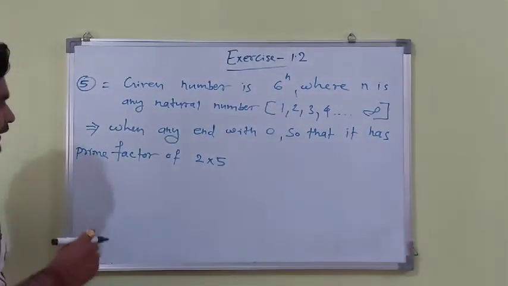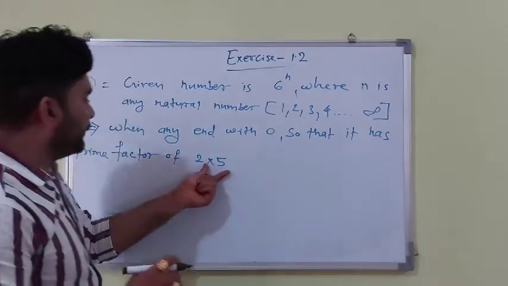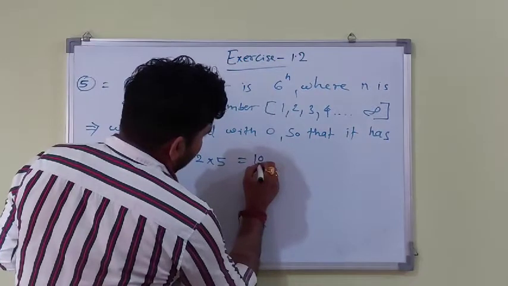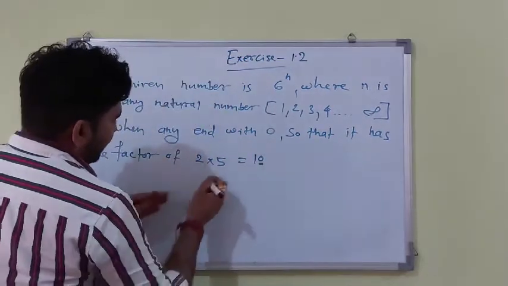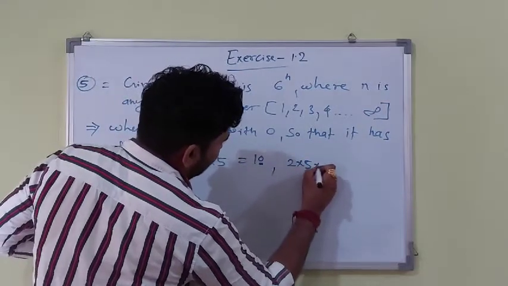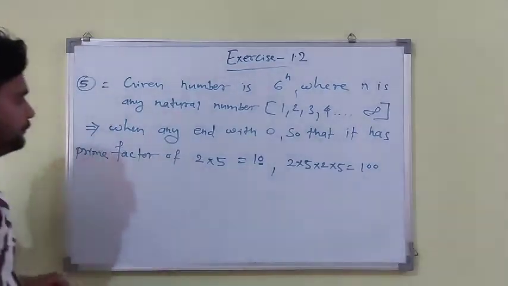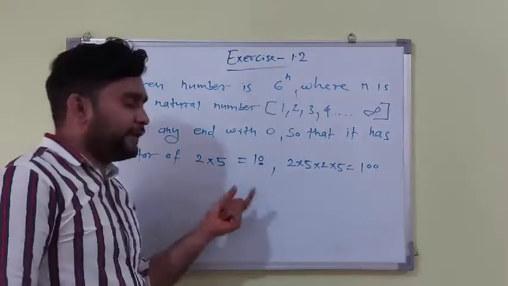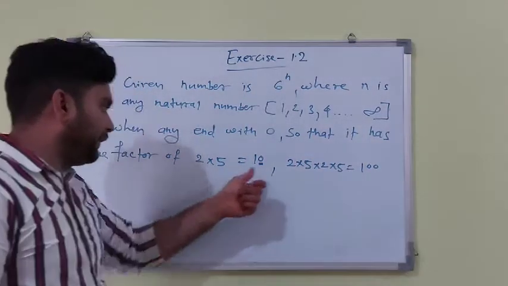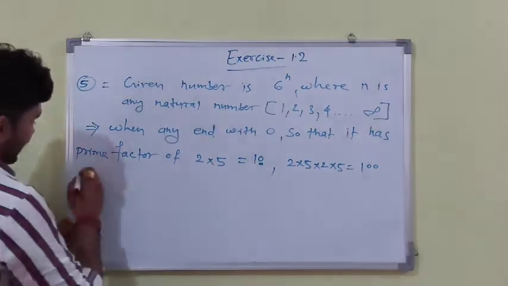When any number ends with 0, that means the number has 2 multiplied by 5, because it gives us 10, at least one 0. If you want more zeros, that means 2 multiplied by 5 multiplied by 2 multiplied by 5 gives 00. So any number that ends with 0 has prime factorization of 2 and 5. So let's check.